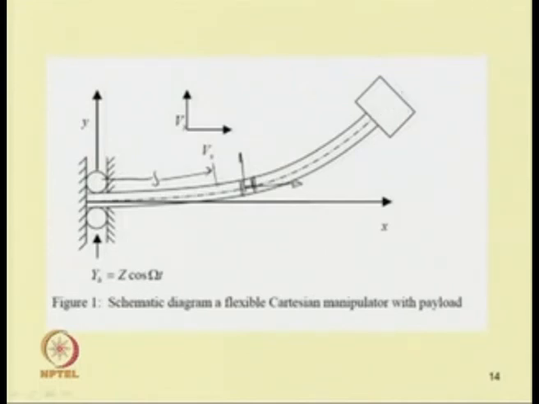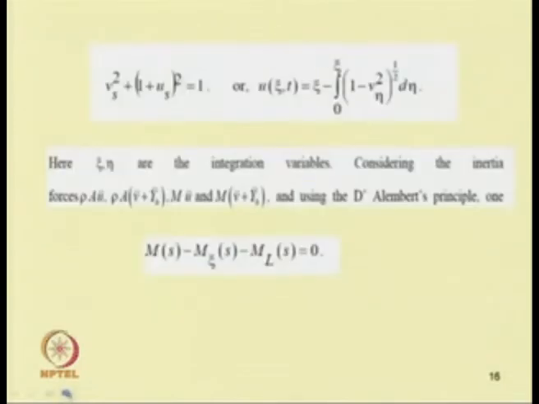Let m be the mass of this end load. In that case one can consider the inertia force due to this end mass and find the bending moment, which is represented by ml. So now one can write Ms equal to M zeta plus ml, or Ms minus M zeta minus ml equal to 0.